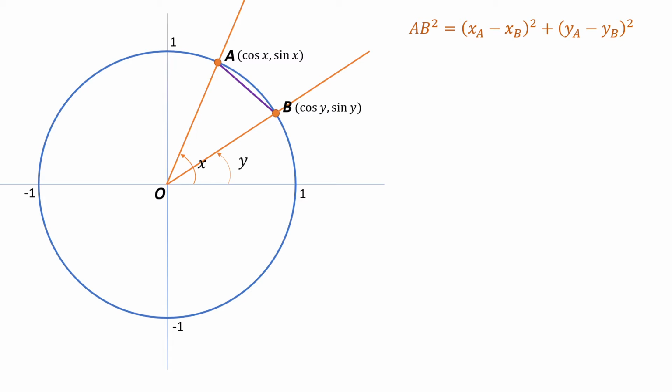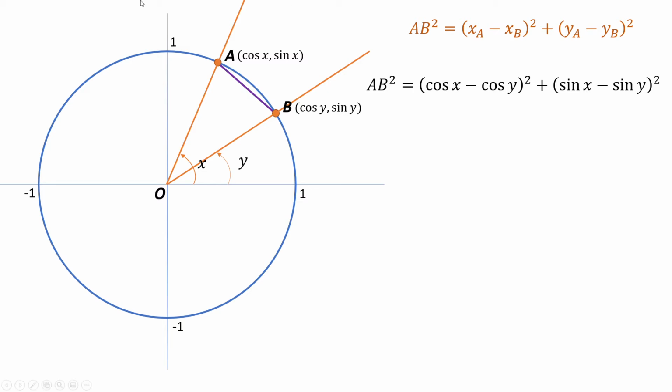If xA, yA are the horizontal and vertical coordinates of point A, and xB, yB are the coordinates of point B, then AB squared is (xA minus xB) squared plus (yA minus yB) squared. That is a consequence of the Pythagorean theorem. If we apply this formula to our points A and B, we're going to have an expression like this.